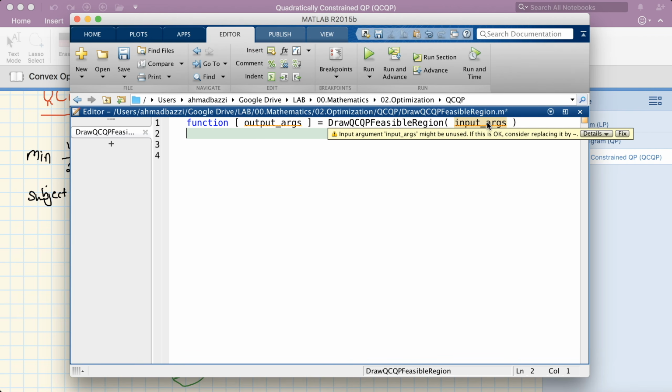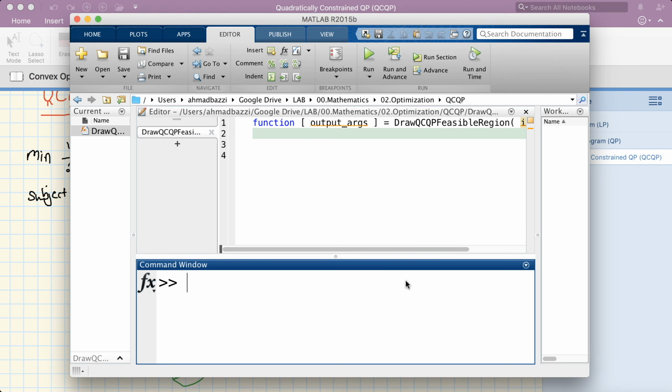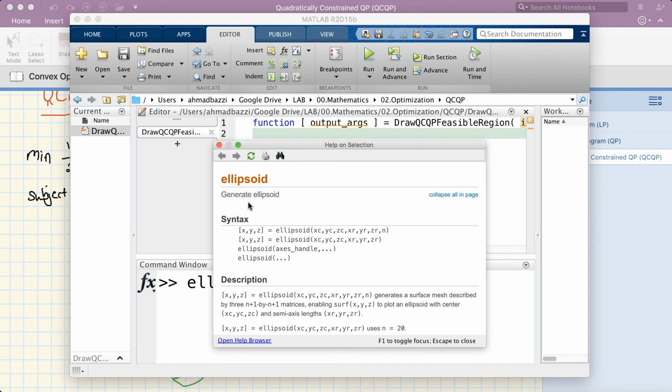Before I decide on the input arguments, it's really worth shedding light on the ellipsoid function of MATLAB. If I hit F1, ellipsoid generates an ellipsoid.